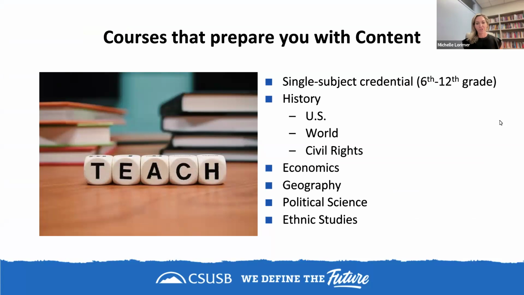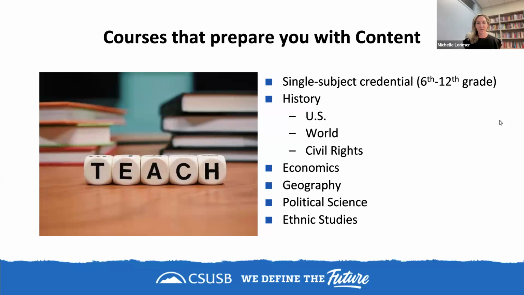So the California Teacher Credentialing Commission provides different programs across content areas to prepare students with the content area that they need to focus on to teach the information for the grade levels that they'll be teaching. So for history, it's actually a social science preparation program because you can teach history, but you can also teach a range of other classes in the social sciences.